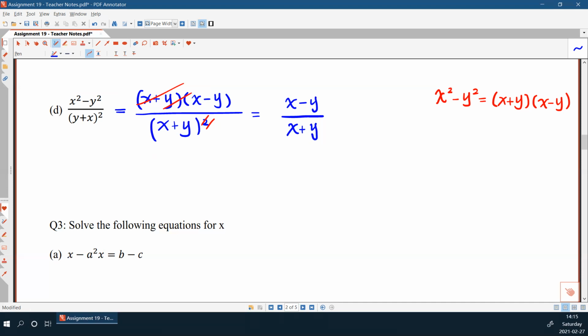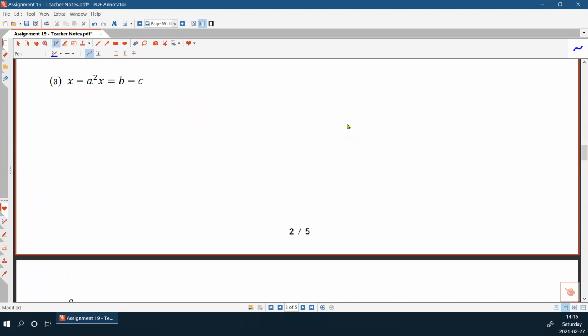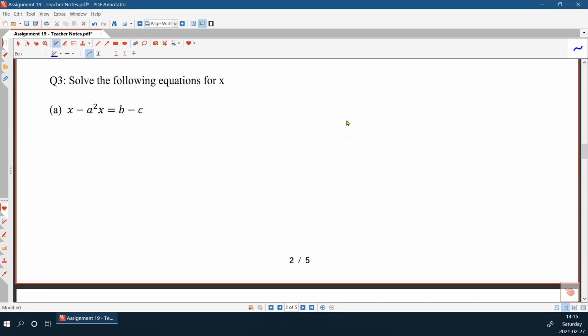All right. Question 3. Solve the following equations for x. Okay, remember that if you want to solve for x, you should put all the terms that contain x together, right? And treat anything else as coefficients.